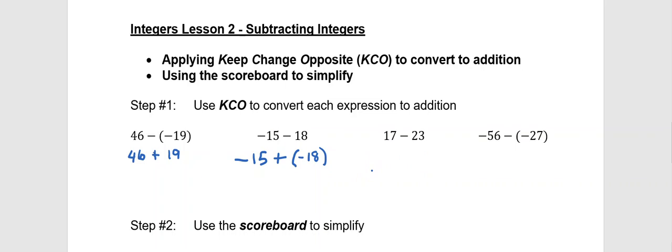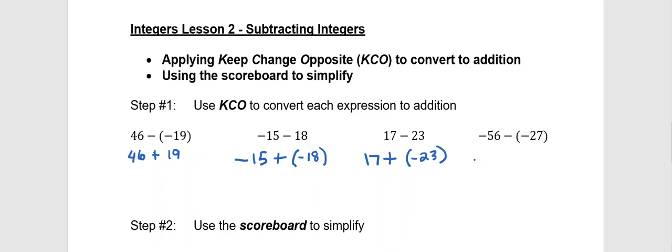So if we move on down the line, the next one, 17 minus 23, the 17 we're going to keep. The subtraction we're going to change to addition. And the 23 we're going to convert to the opposite, or negative 23. So the expression we will now be moving forward with adding when we move on to the scoreboard is 17 plus negative 23.